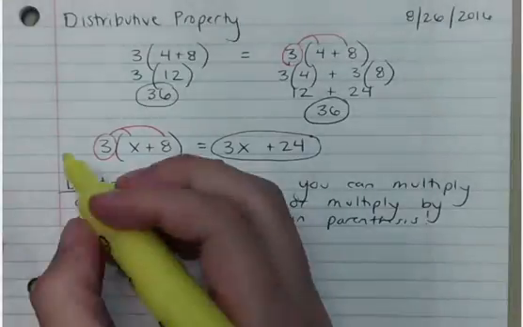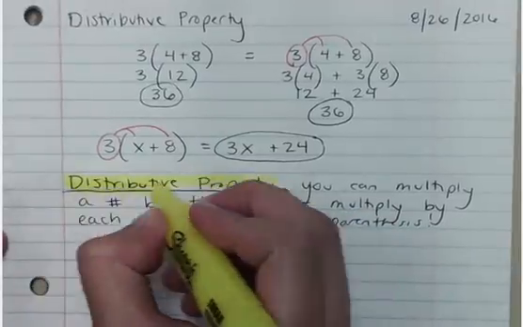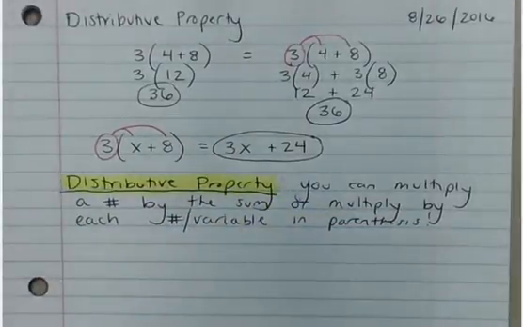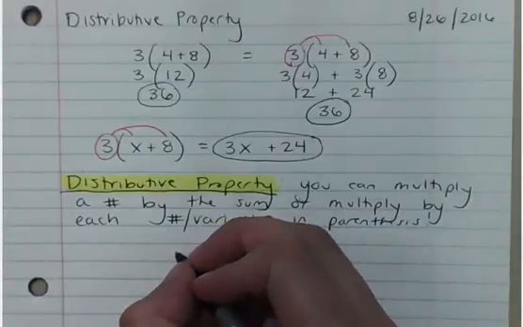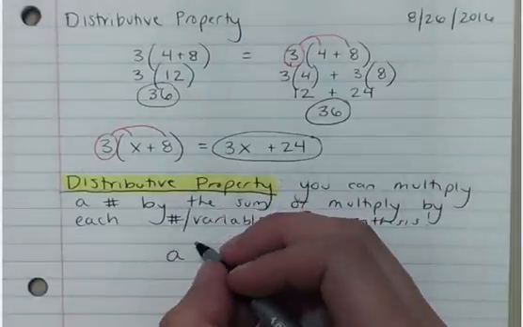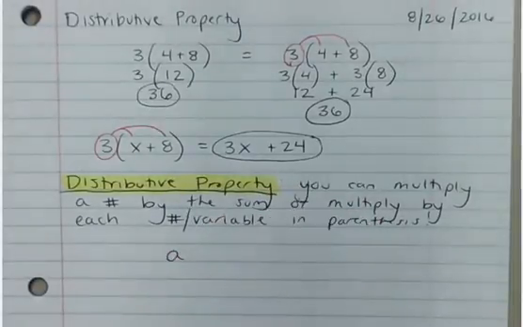Now I'm going to go ahead and highlight that because I want to make sure I can find that easily in my notes when I get back to it. When we get to other types of rules that are in algebra, they like to show it algebraically. So you're going to see a lot of rules similar to this where they just use letters to represent any quantity.